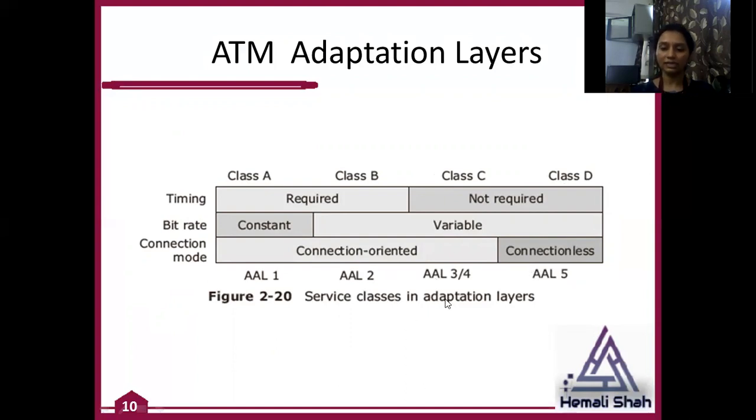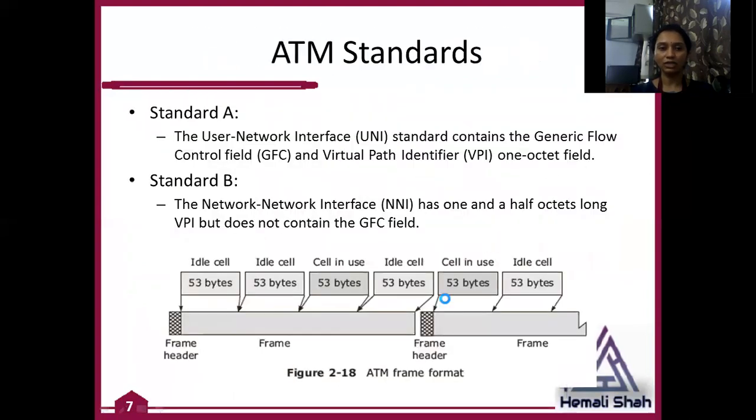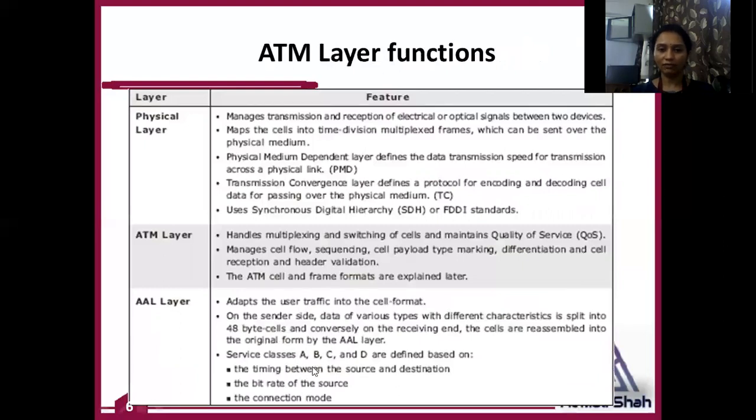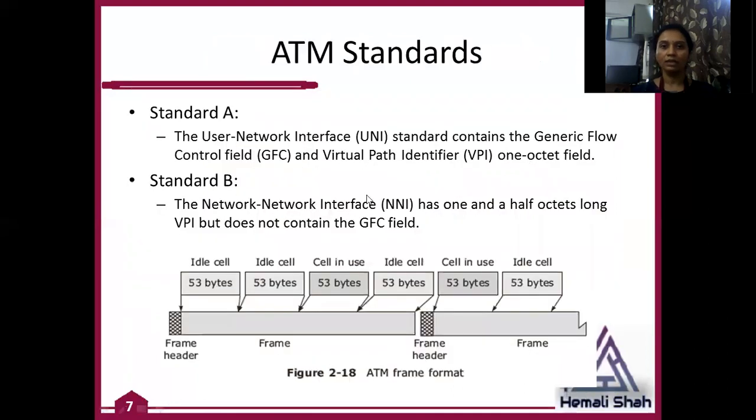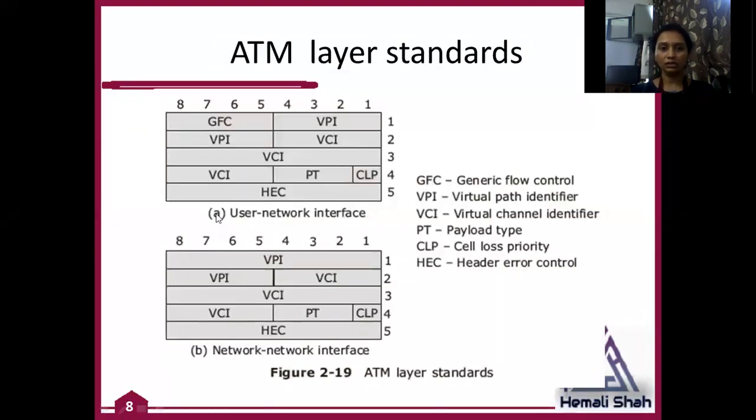This is the service class of the ATM adaptation layer, which is already defined as an overview inside the ATM layer function. Now, ATM standards. ATM uses standard A and standard B mechanisms, and whenever it makes the frames, it uses this kind of header.